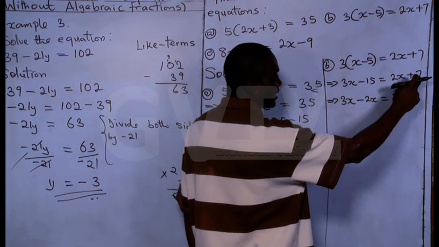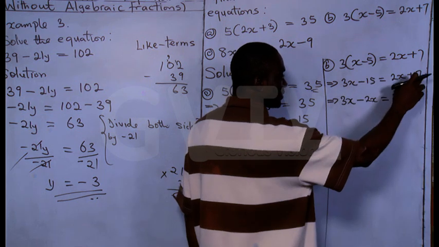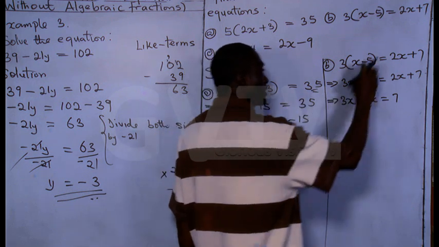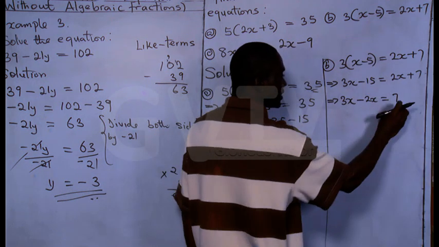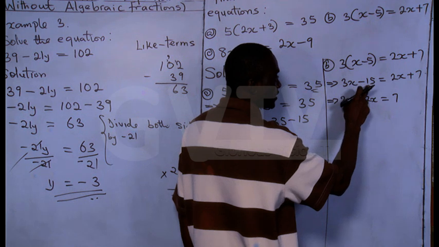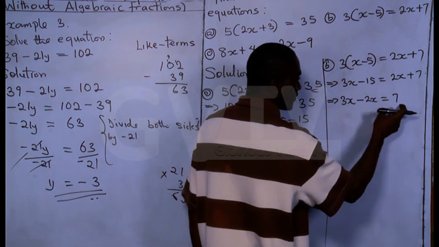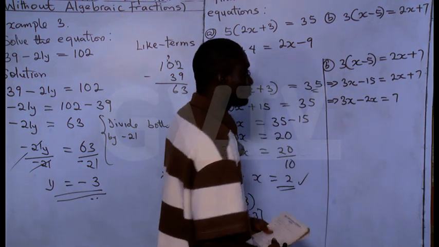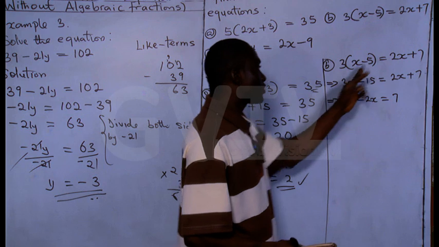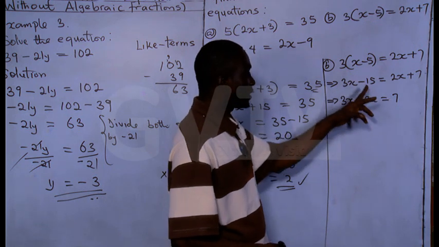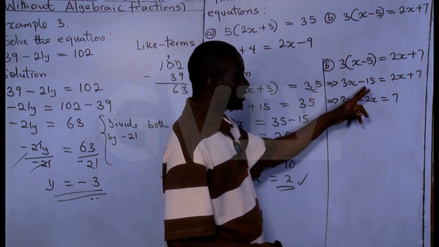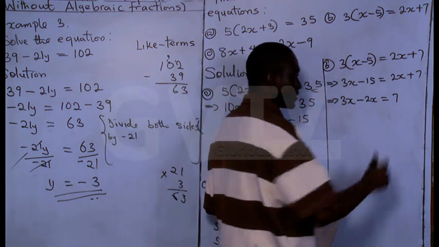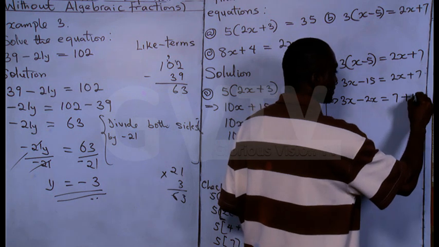Minus 15 and 7 are like terms, so they have to be on one side. So 7 is already on this side. Minus 15 will now go and meet its like term on the other side. Going to the other side is going to become positive because here it's negative, so it will be plus 15.